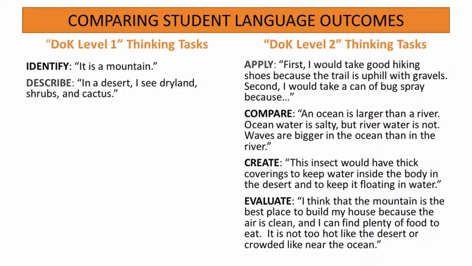Now, what have you noticed about your students' language outcomes as they move from responding to level 1 to level 2 questions? You've noticed that the higher the DOK level of the teacher question is, the longer and more complex the student language outcome becomes. Of course, teacher questions in DOK level 1 are very important and necessary.